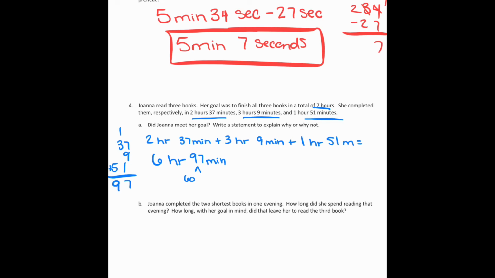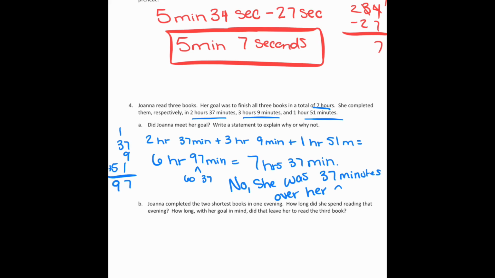So if I pull out the 60 and I have 37 left over, really it comes out to be a total of 7 hours and 37 minutes. So she didn't meet her goal because she took 37 minutes longer than she wanted to, because her goal was 7 hours and she went over it. So no, she was 37 minutes over her goal.